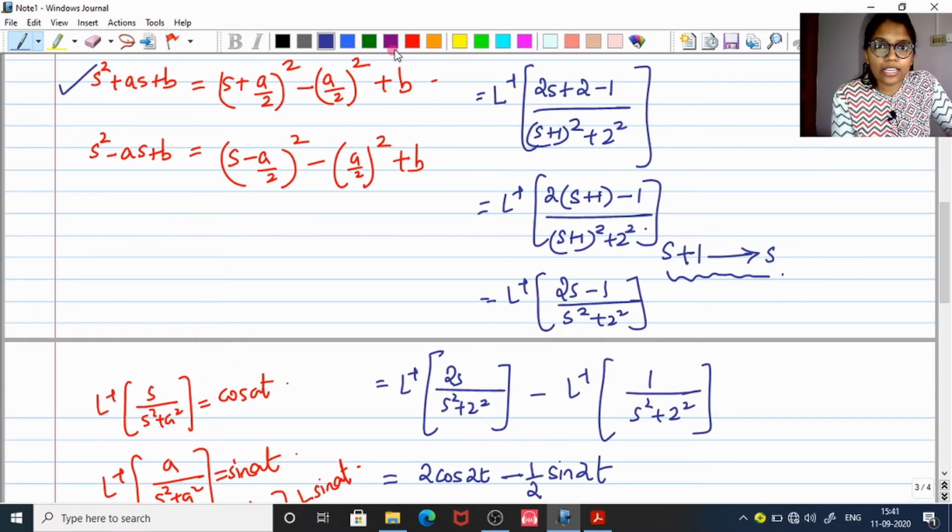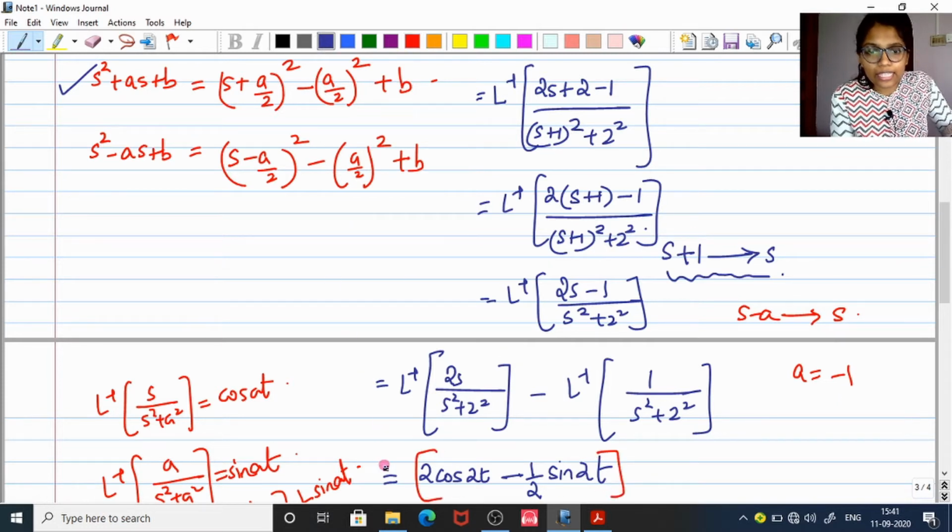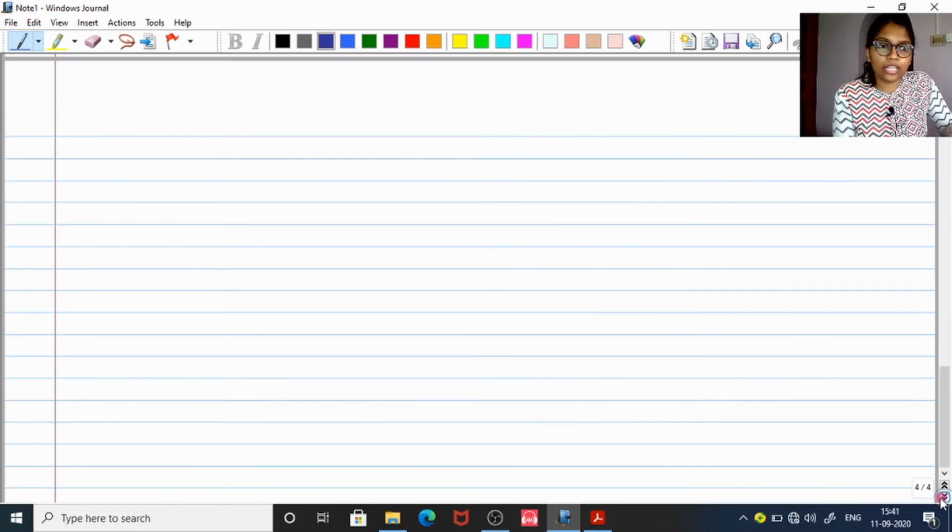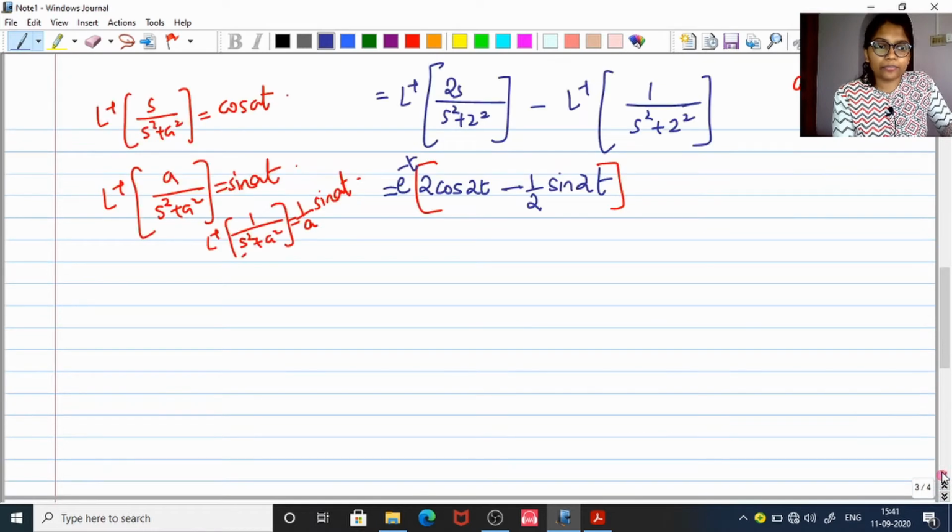So it is like s minus a is replaced by s, which means our a here is negative 1. So you have to join one e raised to negative 1t along with your f of t. Thus you get the solution: e raised to minus t times 2 cos 2t minus half sin 2t.